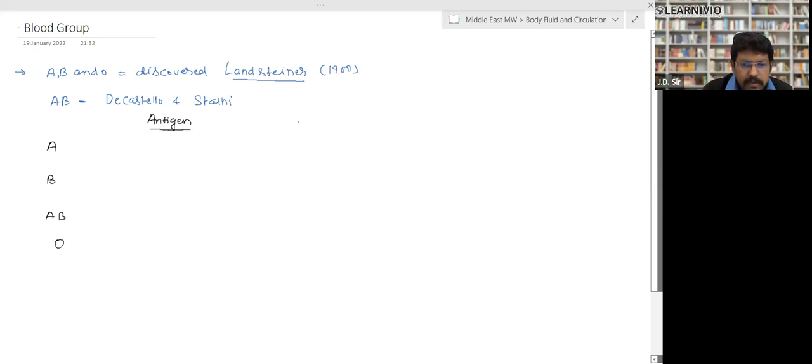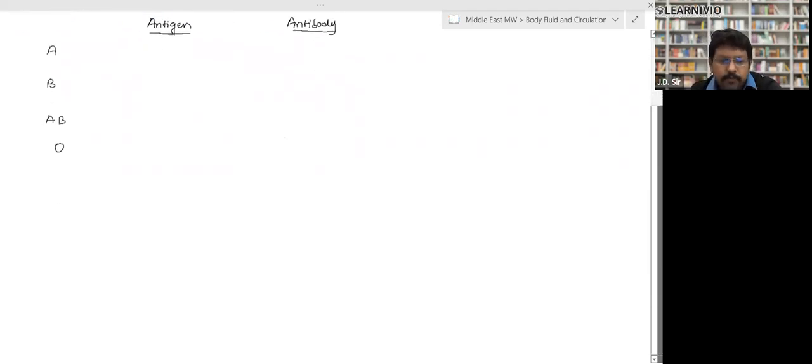And here we are going to study antibodies. Before going into antigen and antibody, can anyone tell me what an antigen is and what an antibody is? Can any one of you give me an idea?